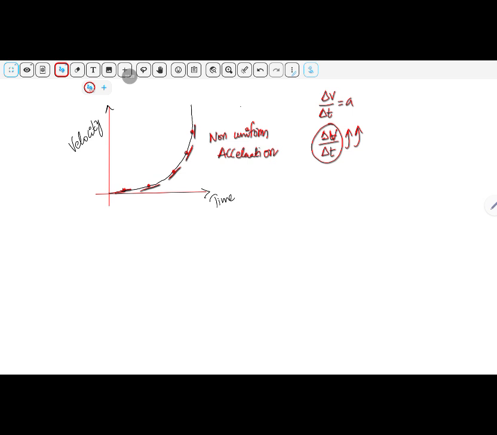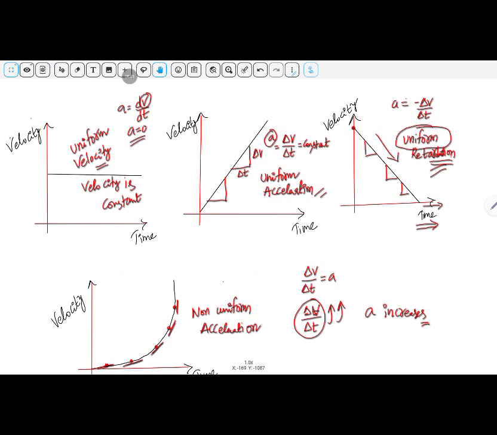So delta v by delta t is getting increased, which indicates that the acceleration increases. So the fourth graph indicates it is the graph for non-uniform acceleration, and the acceleration is getting increased. This is the basic important information that we can obtain from the velocity versus time graph.